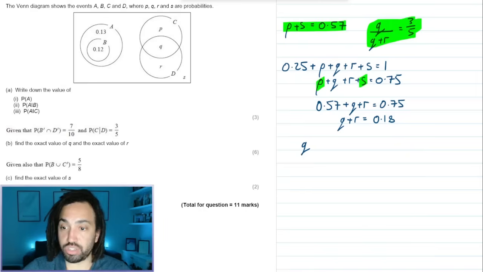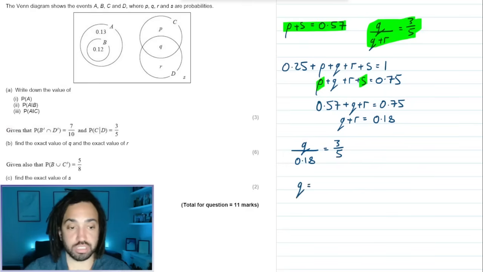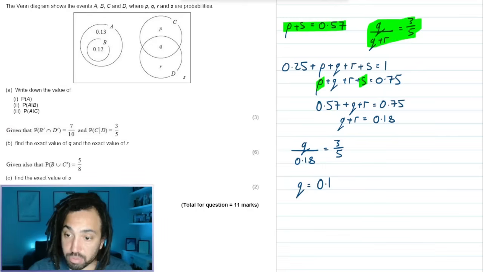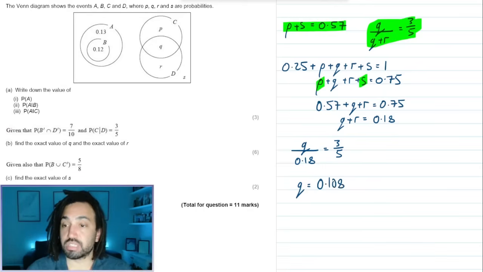Okay, so now I can use that in my equation in the top right here. So I can say that Q over Q plus R, we know, is 0.18, is equal to 3/5, like so. Then we can multiply across to get Q. When I put it into my calculator, I get 0.108.